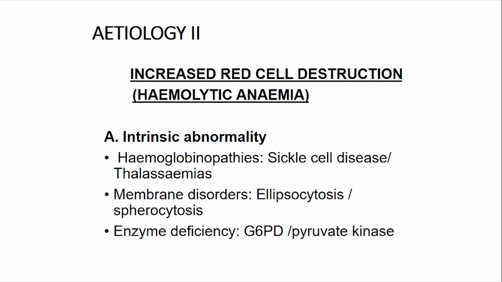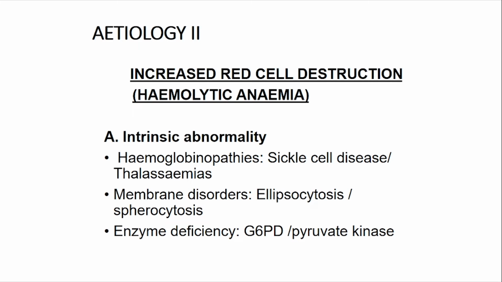Also, when there is increased red cell destruction, otherwise known as hemolytic anemia, this could result from intrinsic abnormality, and this can be seen in patients that have hemoglobinopathies, for example, sickle cell disease patients or thalassemia.